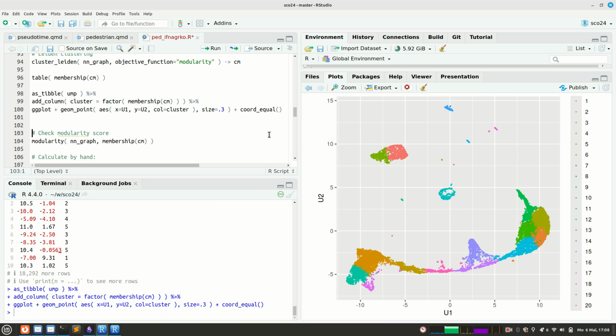So let's assume somebody comes up and says, these are my one community. This here is the second community, and that one is the third community.